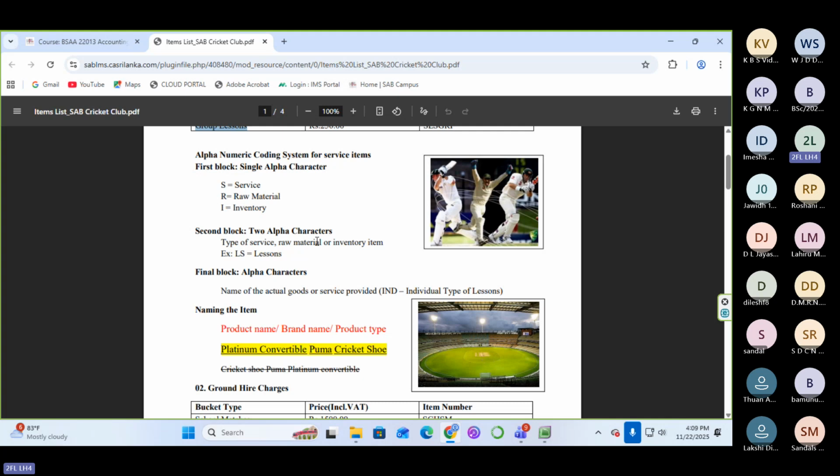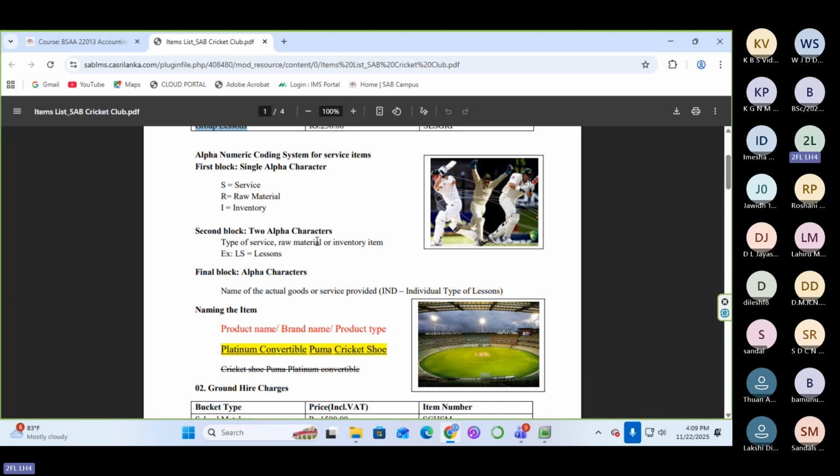But that code should have meaning. For example, you can start the codes with letter S if they are service items. You can start the codes with R if they are raw material items, or you can start with letter I if they are direct inventory items, finished goods items that are inventory items, right?